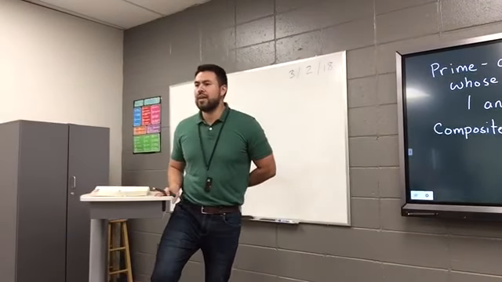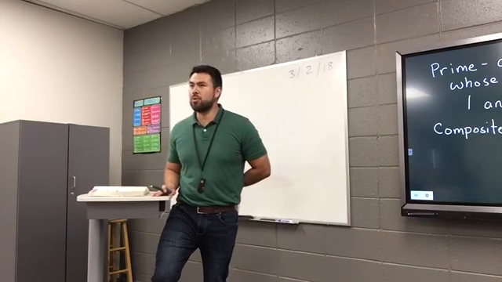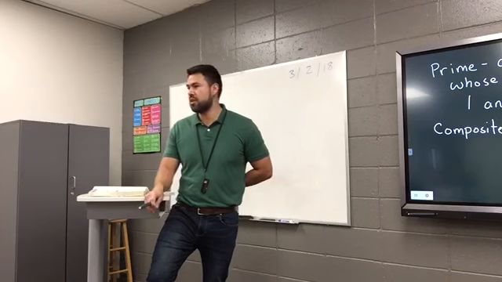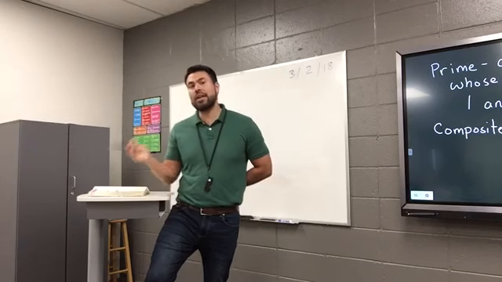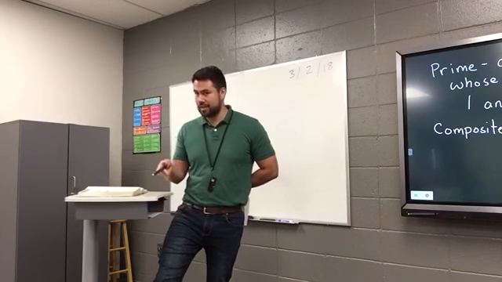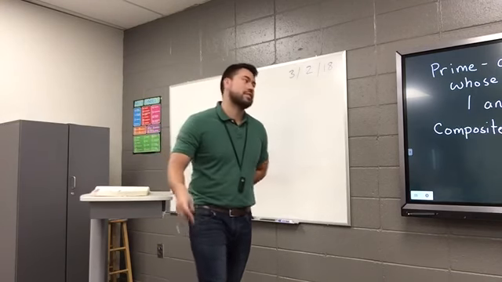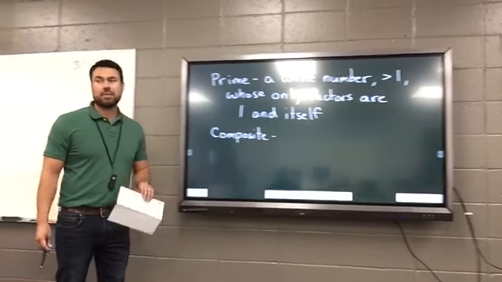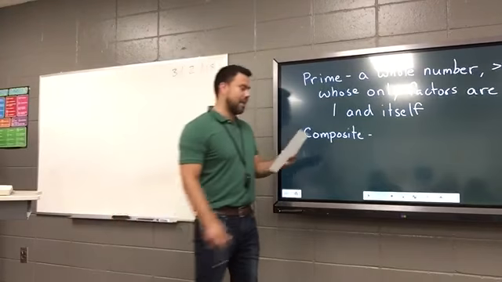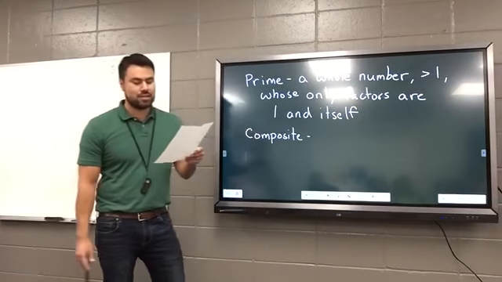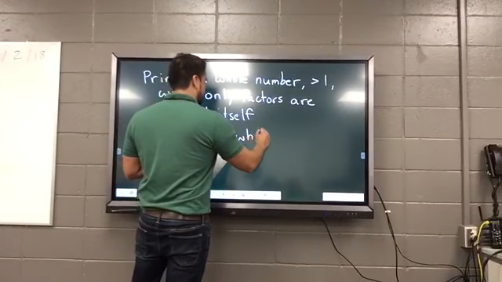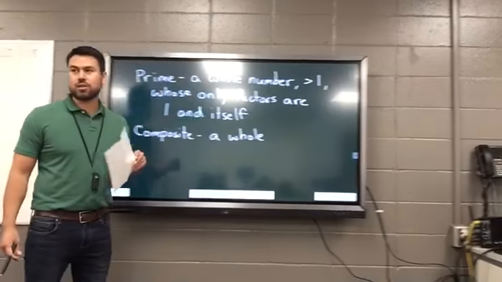So have we looked at a prime number with 72 or 4? Are either of those prime numbers? No, because did they have 1 and itself being a factor? Yes. But were there any other factors? Yeah. It's not prime. Therefore, if it's not prime, it must be composite. A whole number. So are we talking about fractions and decimals here, by the way?